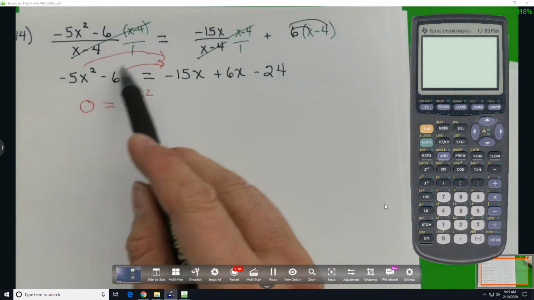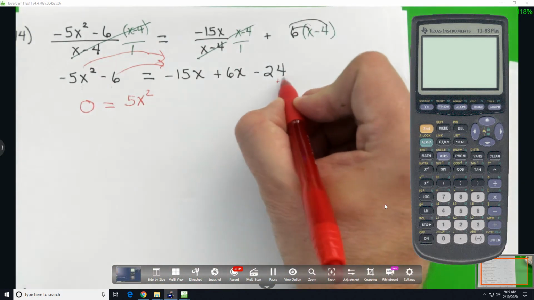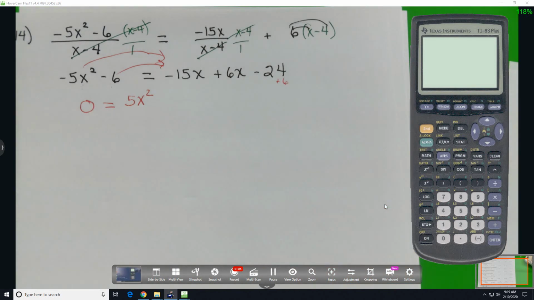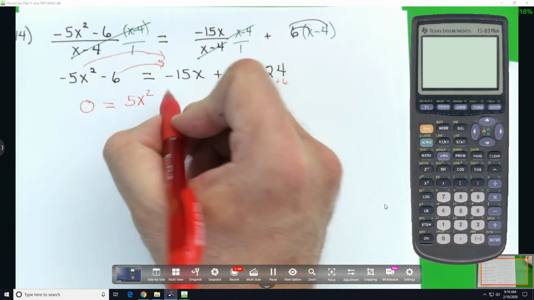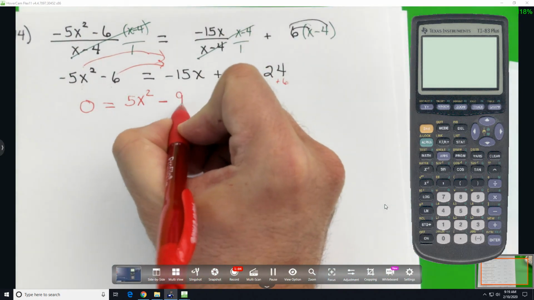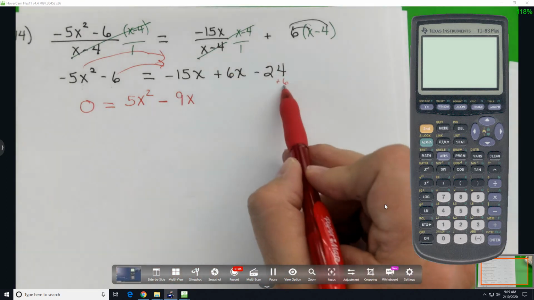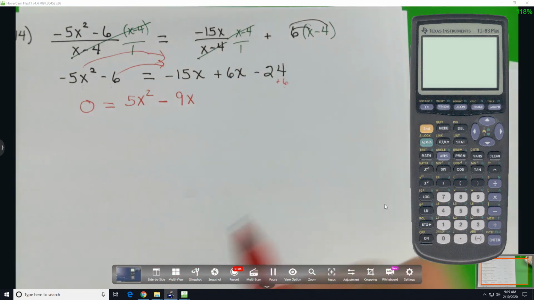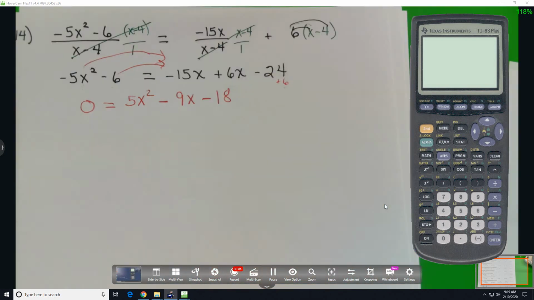I'm also moving the 6 over, so that'll be adding 6. Negative 15x plus 6x, is that a negative 9x? So I added those two. And then what am I about to write? Negative 18, is that what I heard? The negative 24 plus 6. This one's sort of messy.